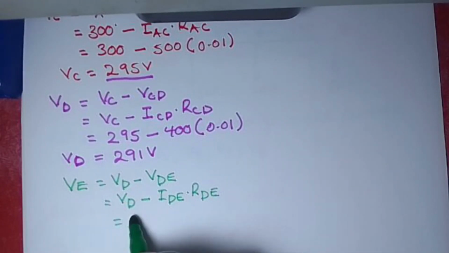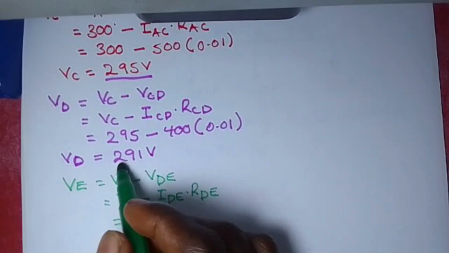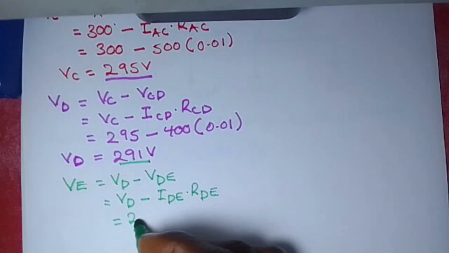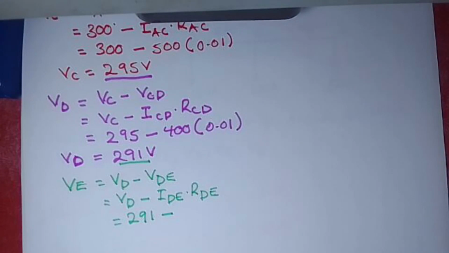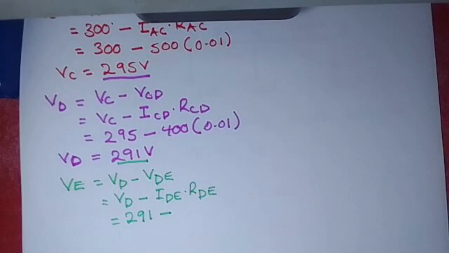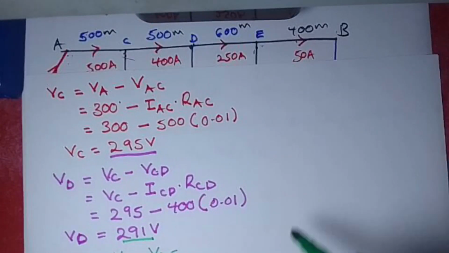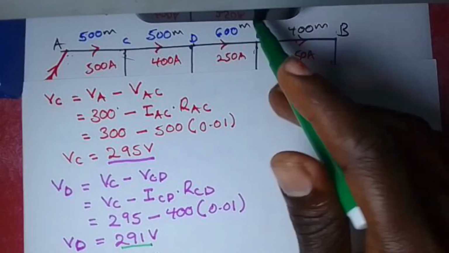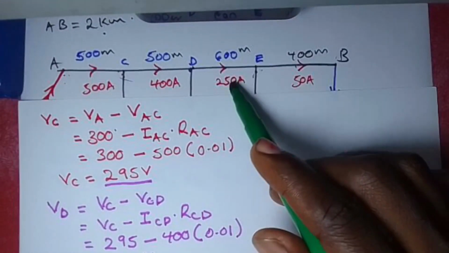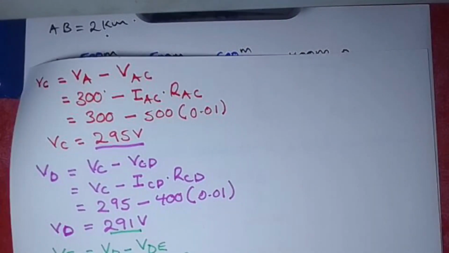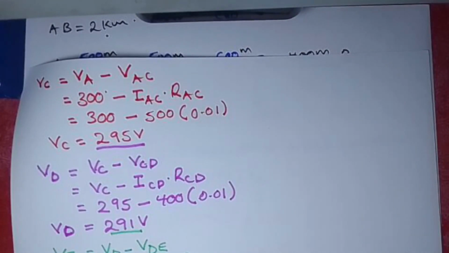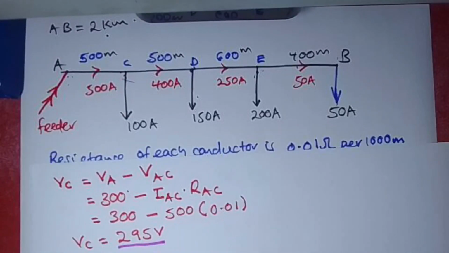So VD is going to be equal to our previous value of voltage that we got, which is 291 volts, minus the respective value of current flowing in that section, which for this particular section is 250 amps. So we shall use that 250 times the resistance across that section.